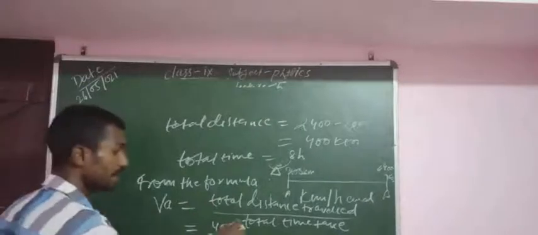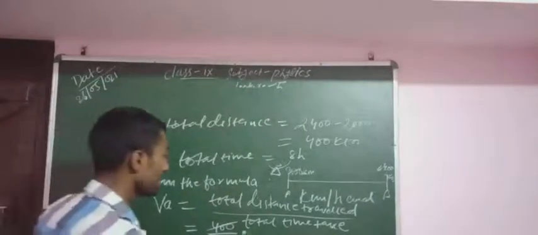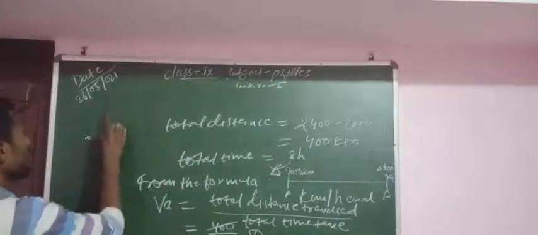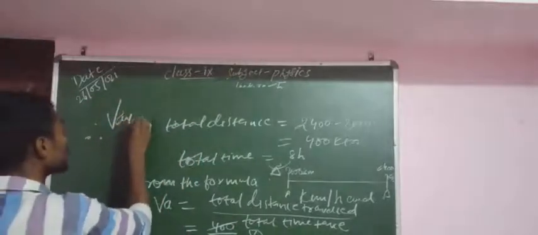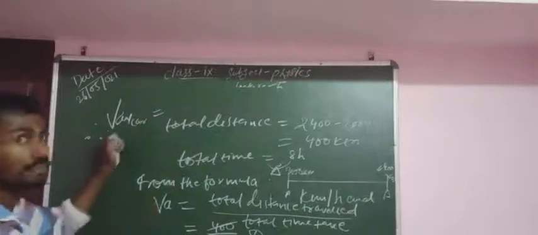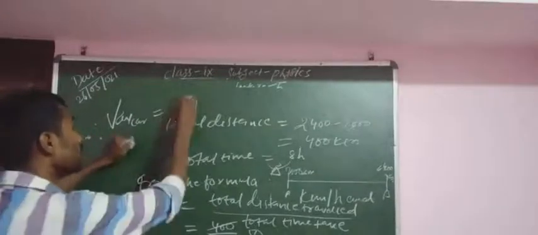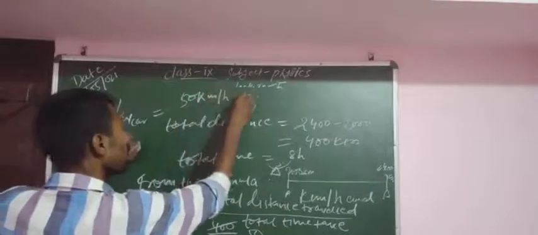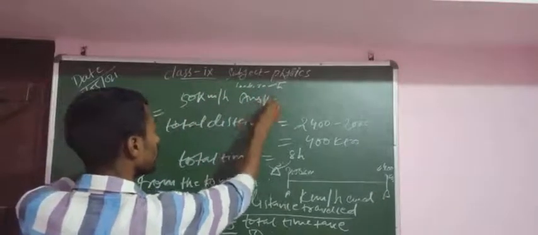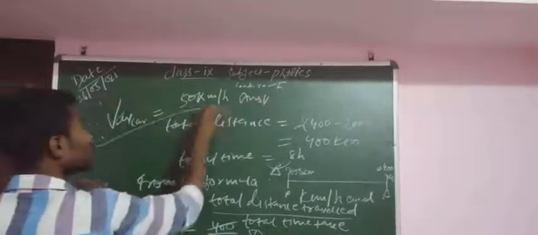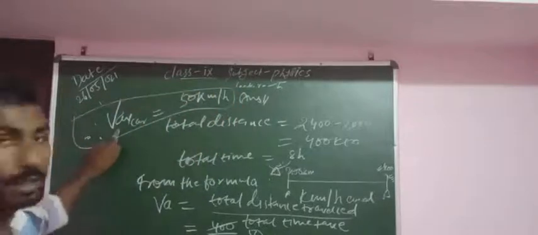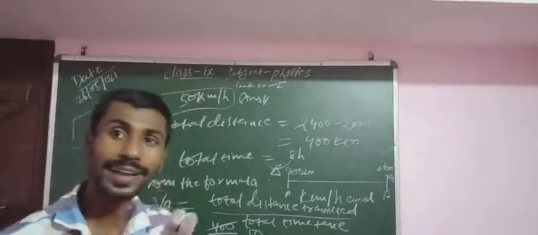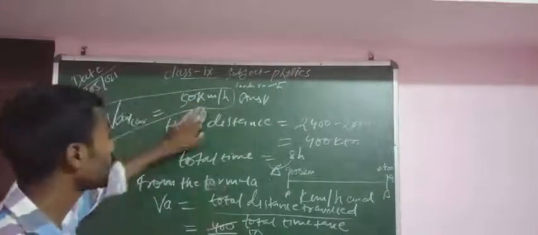That means 400 divided by 8, that is 50. Therefore, V_AB, that means the average velocity of the car, is 50 kilometer per hour. That is the answer.